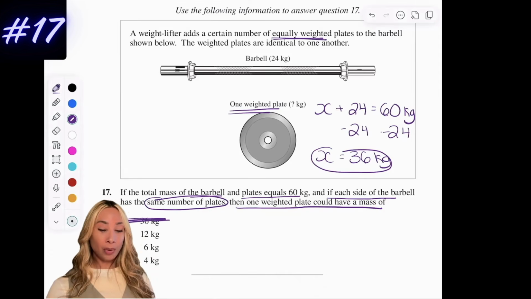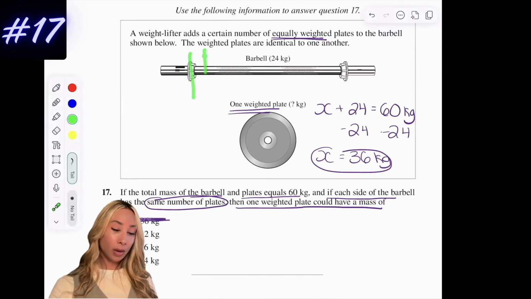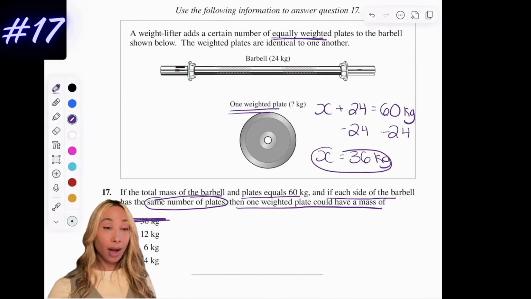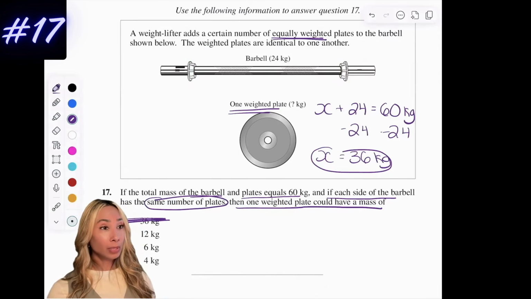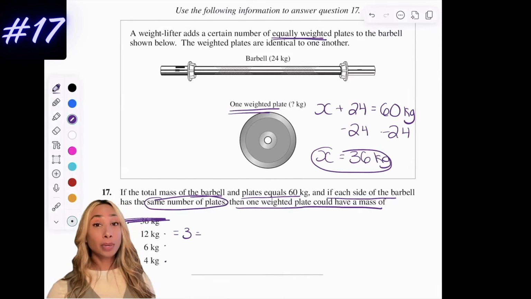So what we need to know now is, which one of these would be distributed equally on this barbell? So let's divide 36 by each of the options they give us. 36 divided by 12 is going to get me to 3. That means there would be 3 plates.